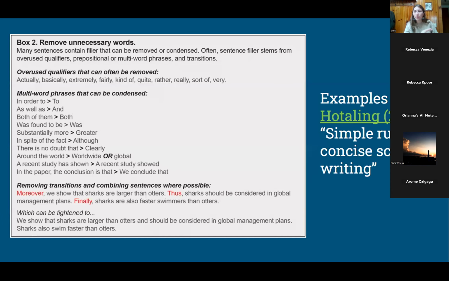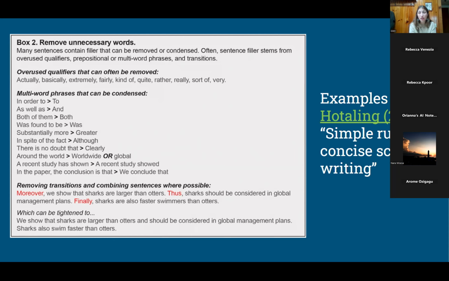Okay, so some tips for making your writing more concise. Like I said, removing some unnecessary words. So some words like basically or really or very, those descriptive words that don't necessarily need to be there, you can get rid of those.